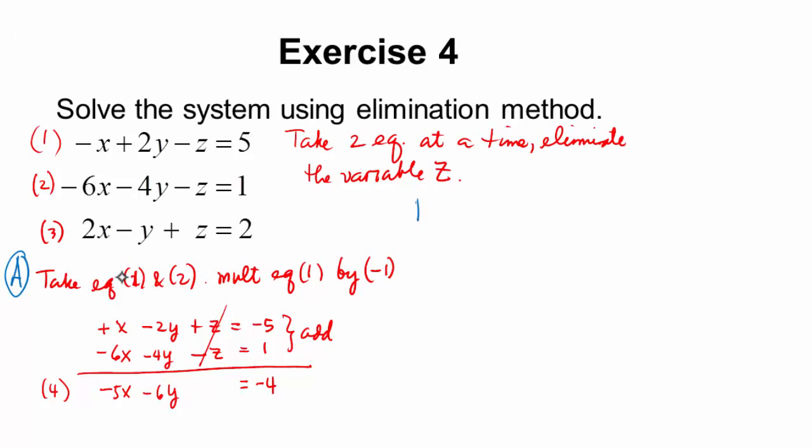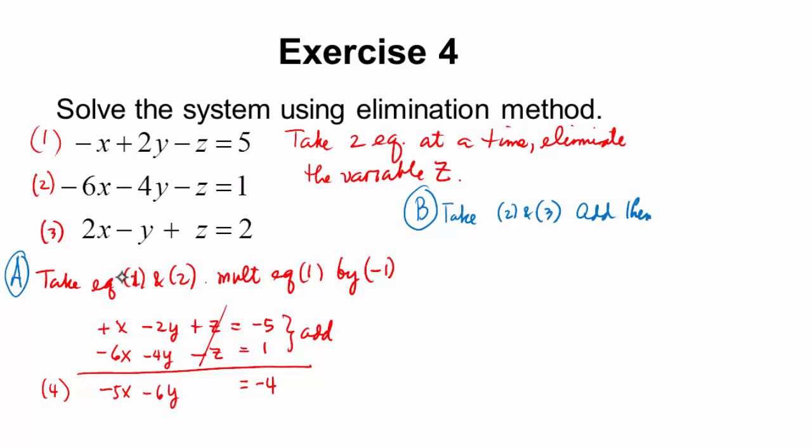Okay, step B. Now we take which equations? How about equations 2 and 3? And you do the same thing. But in equations 2 and 3, since they already have opposite signs, all we have to do is just add them together.